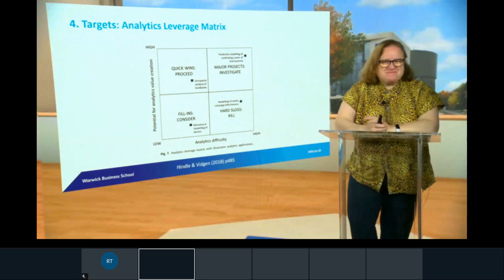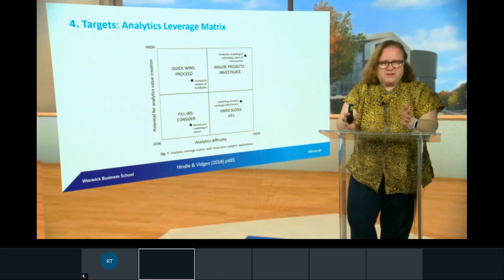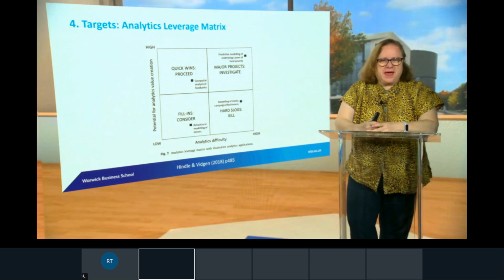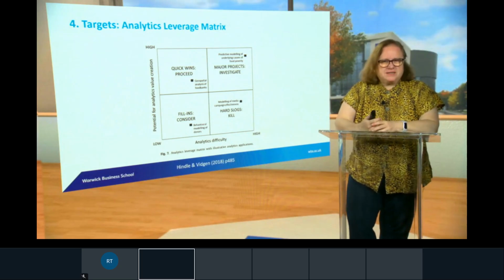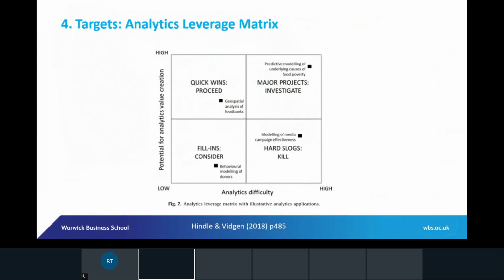Another way of looking at it: as with all of these attributes, there are multiple models you can bring to bear to explore them. So this is simply another one that says, how should we go about selecting our projects? This is taken from the work of Hindle and Vigin, who did some work with the Trussell Trust food bank organisation in the UK.